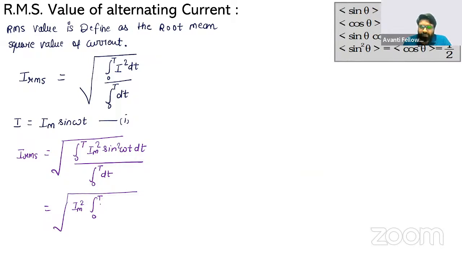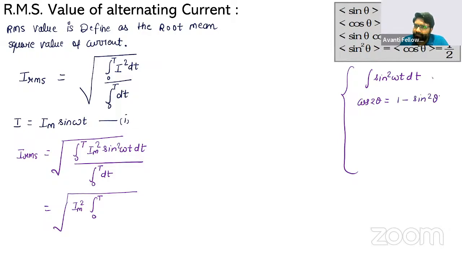sin square omega t का integration, we don't know, so we have to make it like this so that we can integrate it। ठीक है, so I'm doing it here and then I'll put the value directly here। So integration of sin square omega t, this is the problem here। We know that cos 2 theta is equals to 1 minus 2 sin square theta। ठीक है, this is the formula। So can we say that cos 2 omega t is equals to 1 minus 2 sin square omega t?